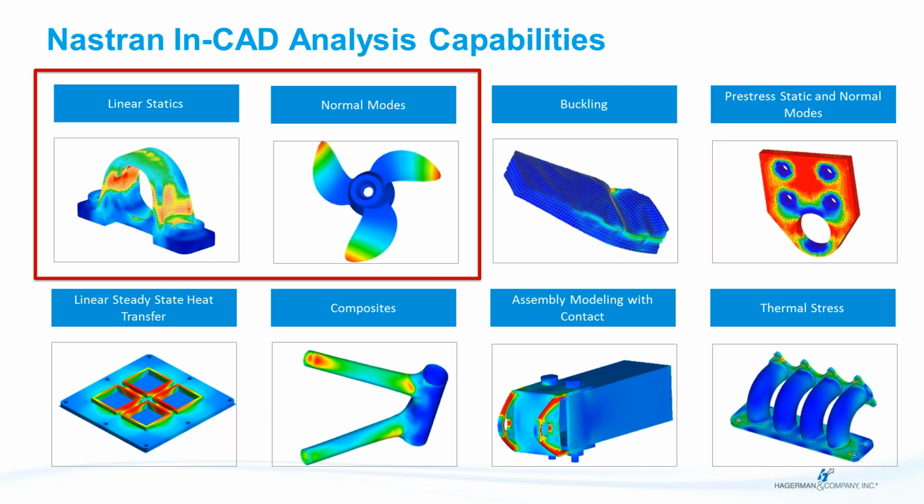We've seen some of these with Inventor stress analysis, but Nastran In-CAD goes beyond analyzing individual parts. Real-world simulation of assemblies is possible with sophisticated modeling of different kinds of contact interactions, including sliding, friction, and weld contact types. And within basic analysis, we can also look at thermal stress, and this supports the analysis of structures subjected to a thermal load.